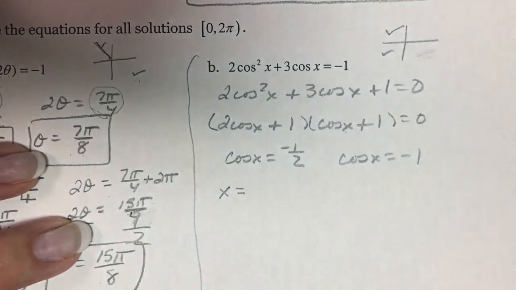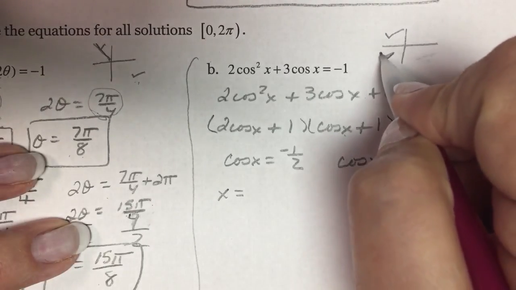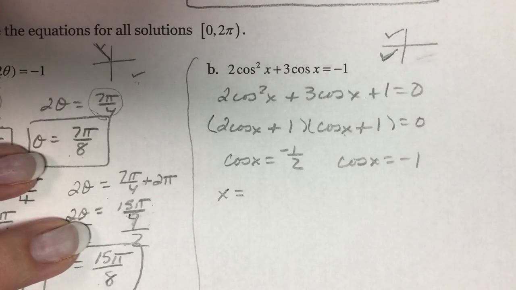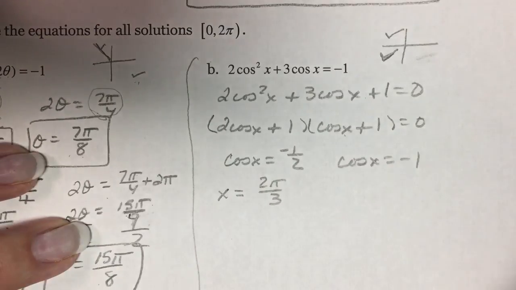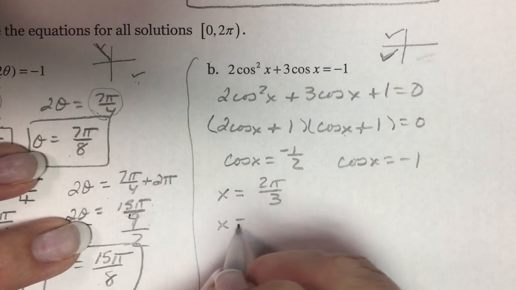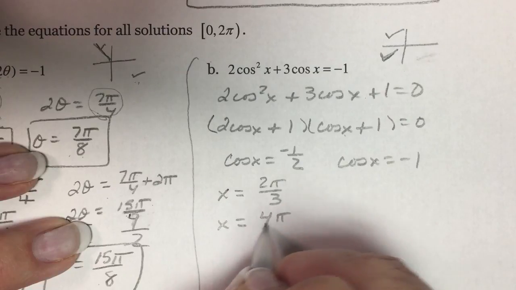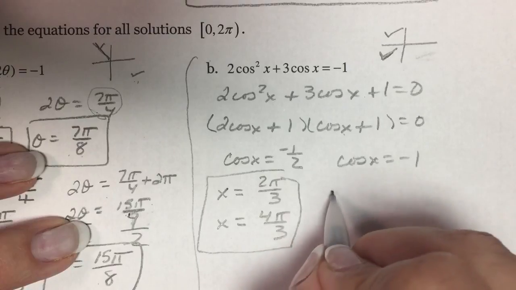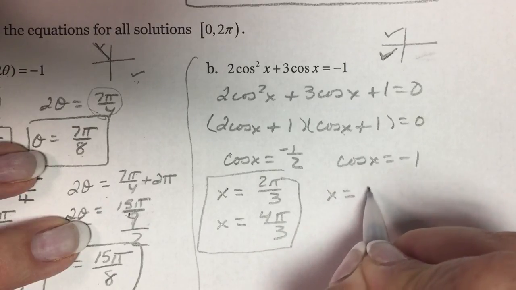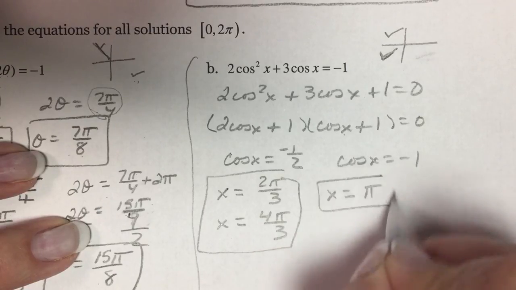Cosine is going to be negative in those 2 quadrants. Hopefully you were saying, what is she doing? So my second quadrant angle is going to be 2 pi thirds. My third quadrant angle will be 4 pi thirds. And that's it for that one. And then what angle has a cosine of -1? There's only one, and it is pi.